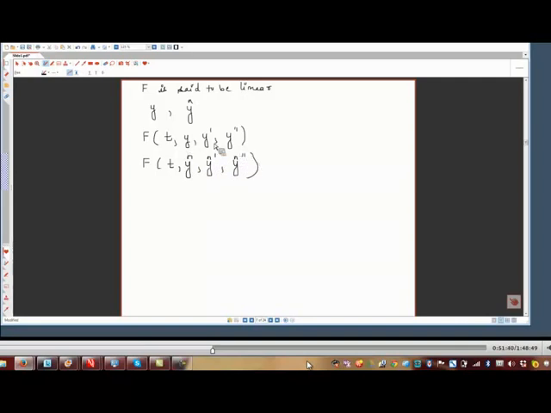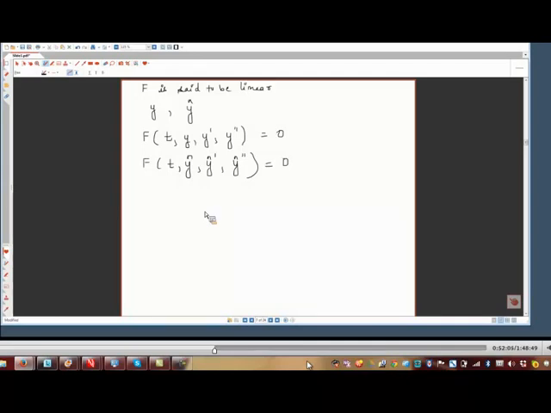Now what does it mean? What do these two equations mean? What are y and y hat?